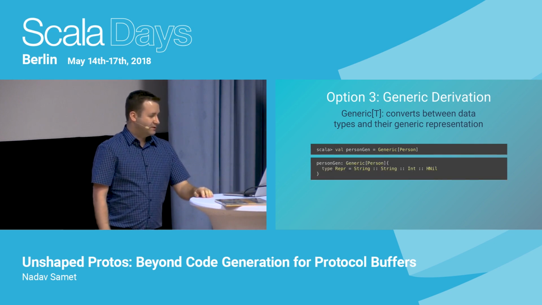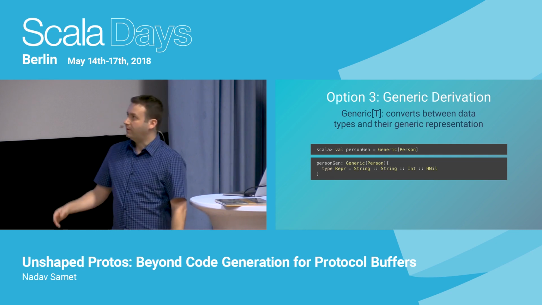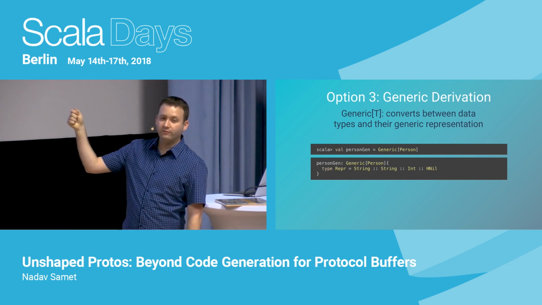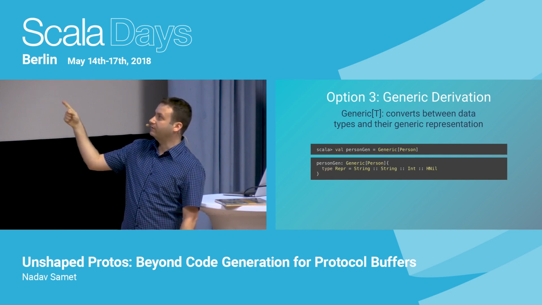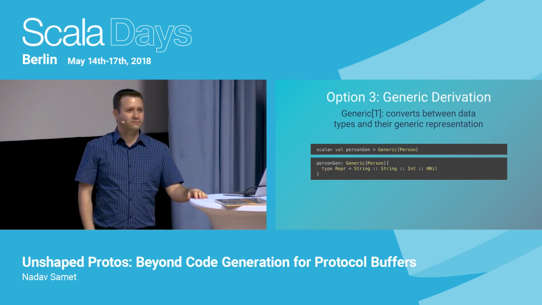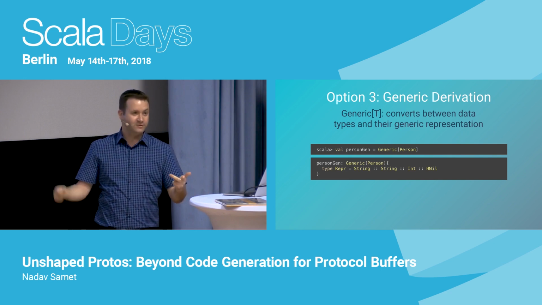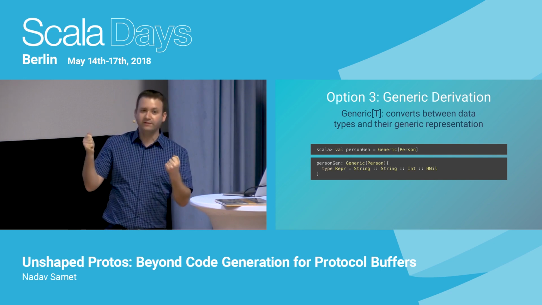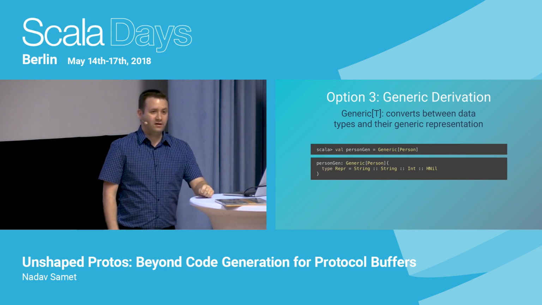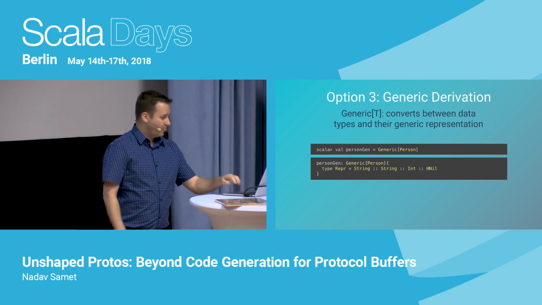The inferred type of it contains a type inside called Repr, shorthand for representation, of String :: Int :: HNil. Anybody know why String, Int, HNil? Because a person has a first name and last name, which are strings, and then age, which is an Int. So basically it detected the fields that the case class has, and they are represented here.